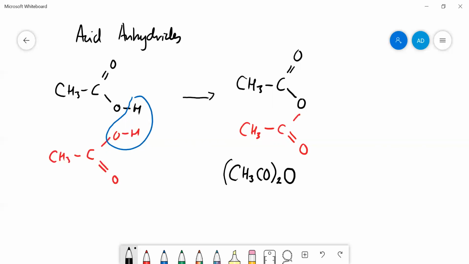If you look at the molecular formula of them as well, that's going to be C4H6O3. If you saw it written like that, you would be hard pushed at first to think what on earth is that? Well, it's an acid anhydride.